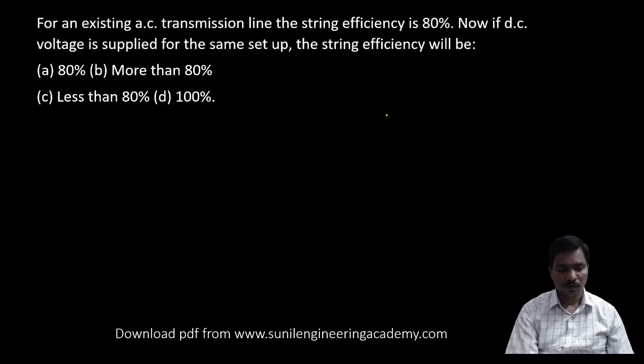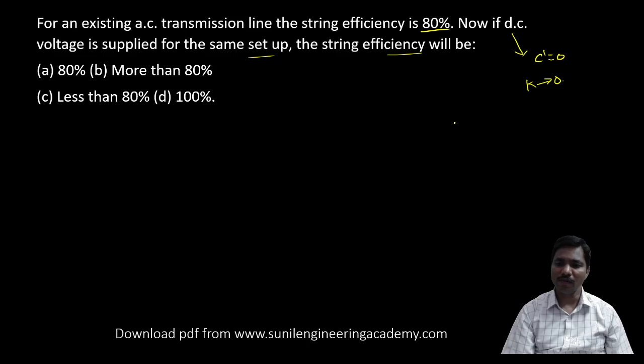Okay. And for an existing AC system, the string efficiency is 80%. Now, if the DC voltage is applied with the same setup, what about the string efficiency? If we go with the DC, then there is no mutual capacitance effect. Whenever the capacitance effect is zero, then K value is almost zero. As K value is almost zero, then V1 equals V2 equals V3 and so on.